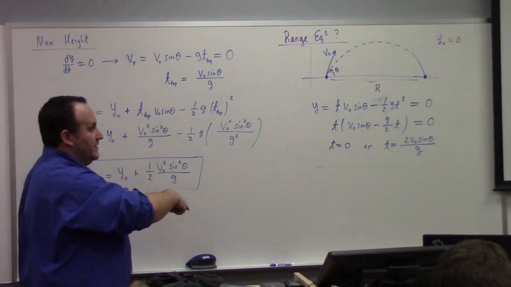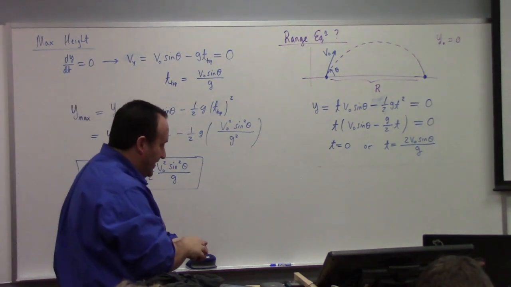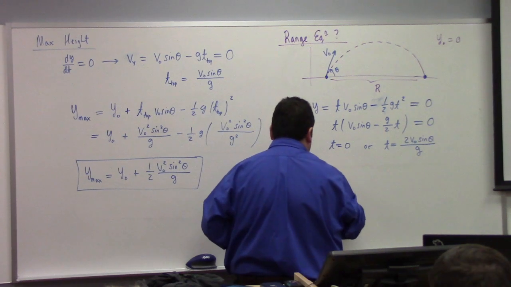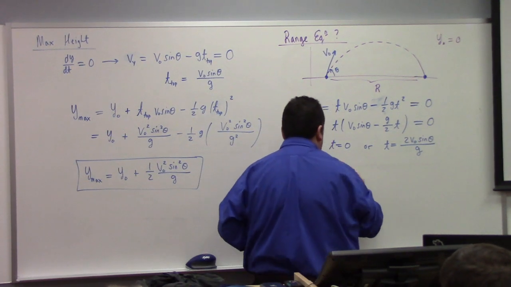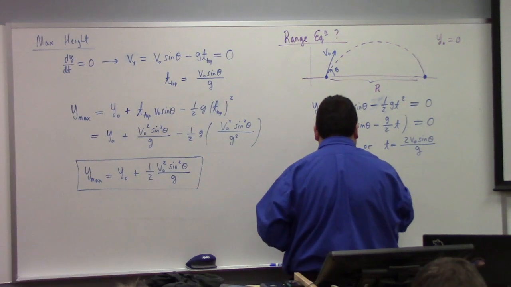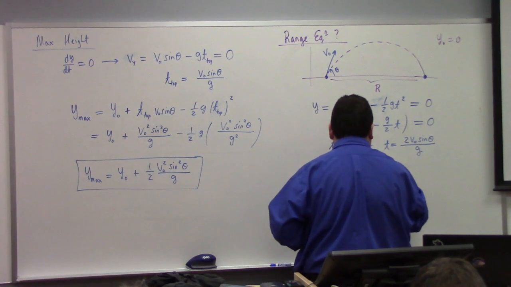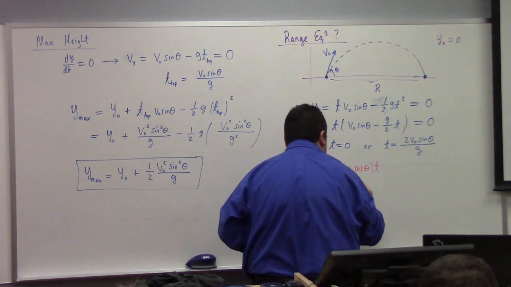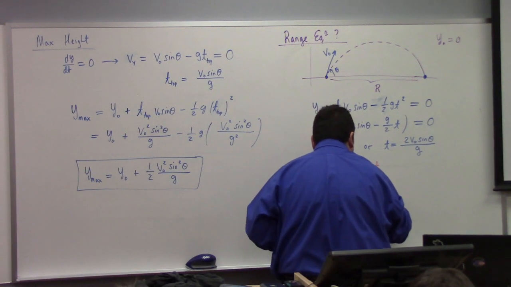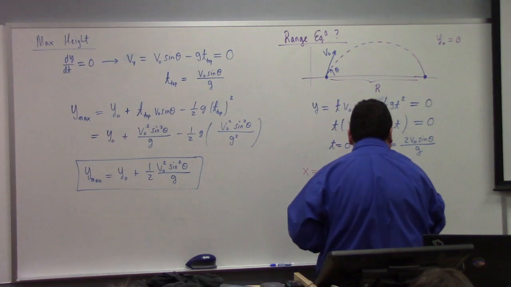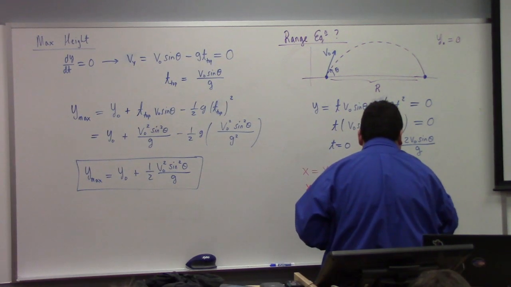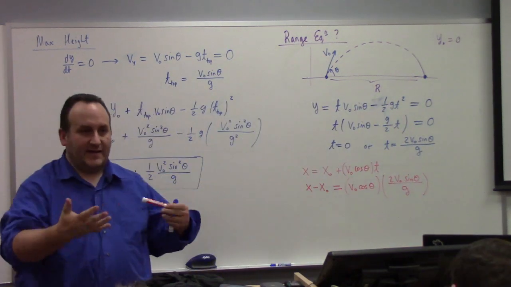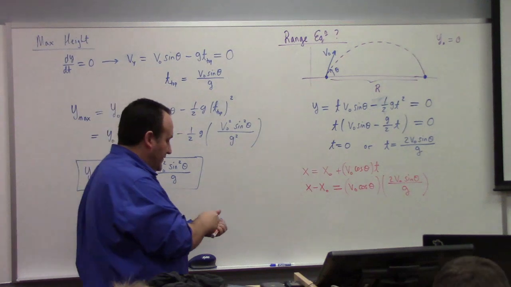Okay, this one here, so how do I figure out the range? Well, go back to the x equation. What's the x equation? X equals x naught plus v naught cosine theta times t, right? So x minus x naught would be equal to v naught cosine theta times the t, which is 2 v naught sine theta over g. X minus x naught, that is the distance traveled, right?